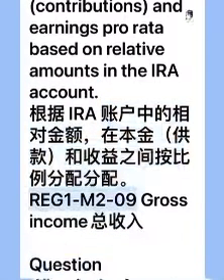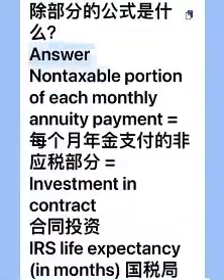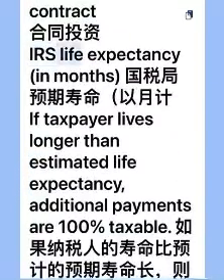Reg 1 M2-09 Gross Income. Question. What is the formula to determine the excludable portion of a life annuity? Answer. Non-taxable portion of each monthly annuity payment equals investment in contract divided by IRS life expectancy, in months.